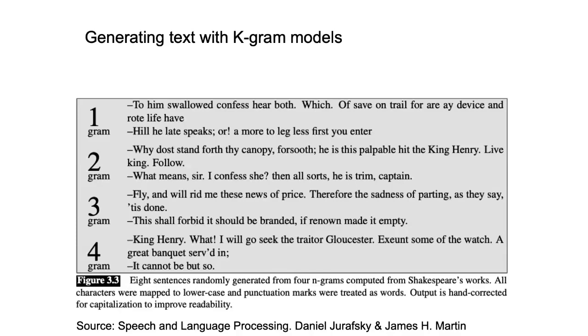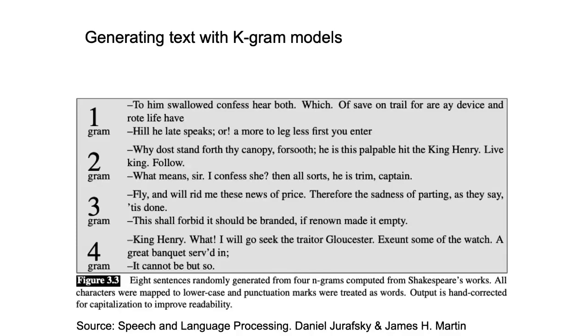So the first one is you forget about the past. You don't even know the previous words. So you get something like: to him swallowed confers here both, which of save on trail for RA device and road life have. He late speaks, or a more to less first you enter. That doesn't mean anything, right? You feel that the words are kind of random and there is no logic and no attachment between two words that follow each other.